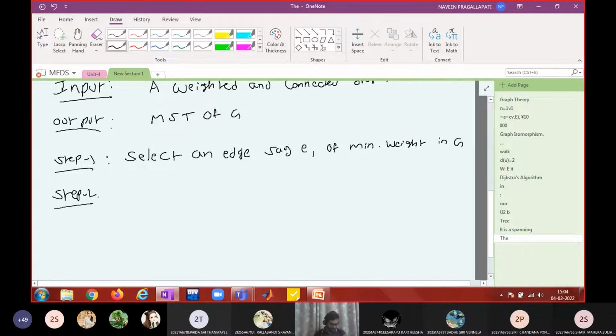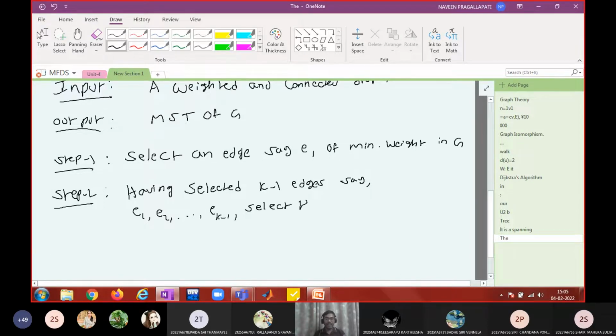Step 2. Having selected k minus 1 edges, say E1, E2, and so on, Ek minus 1, select the next edge.